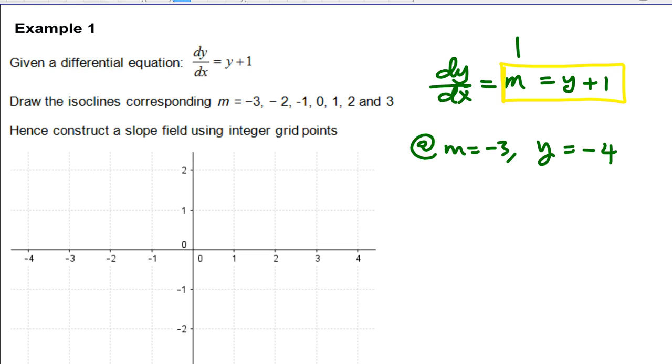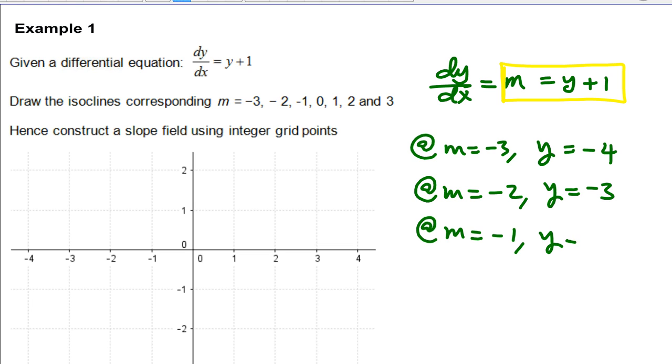And then we can go ahead and produce these equations called isoclines. At m is equal to negative 2, y is equal to negative 3. Remember, I'm just using these values for m. At m is equal to negative 1, y is equal to negative 2.